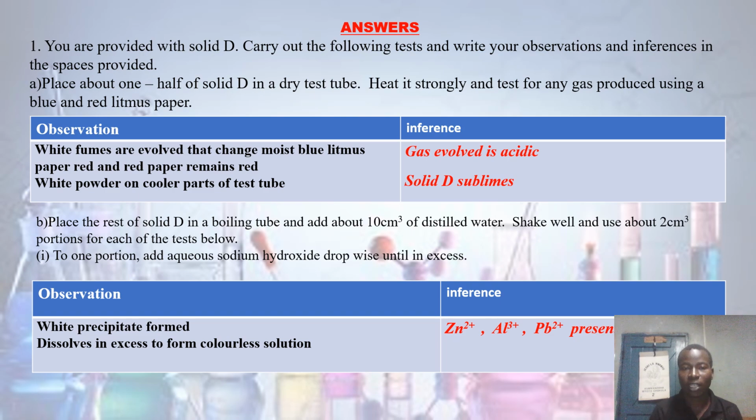You can always pause the video, try to read the question, try to make the inference, and then play the video and check the answers that you made. Were they correct answers or were they not correct? And with this, you will have learned how to answer the chemistry paper 3 questions with ease.